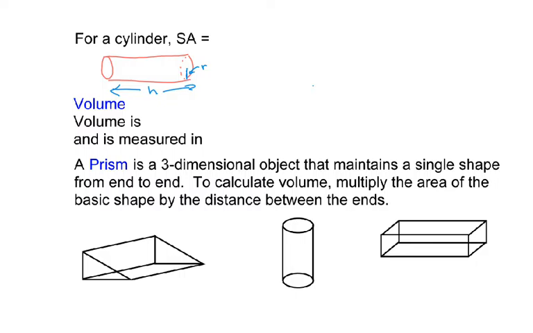So, if you think about it, there are going to be 2 end circles for the surface area plus the body of the barrel.